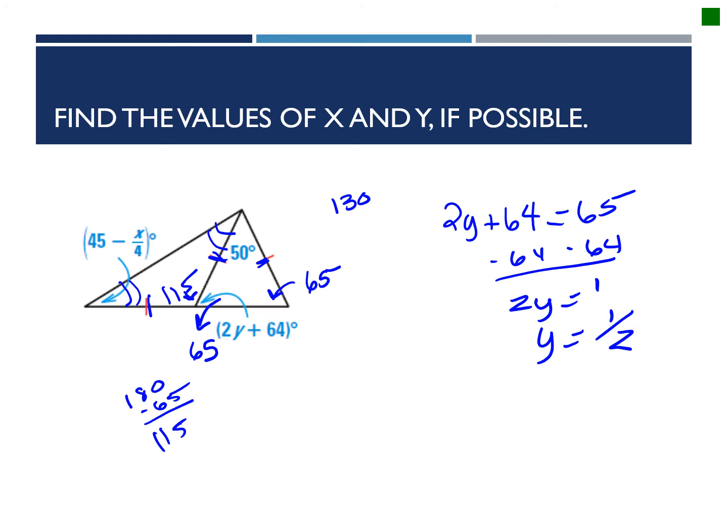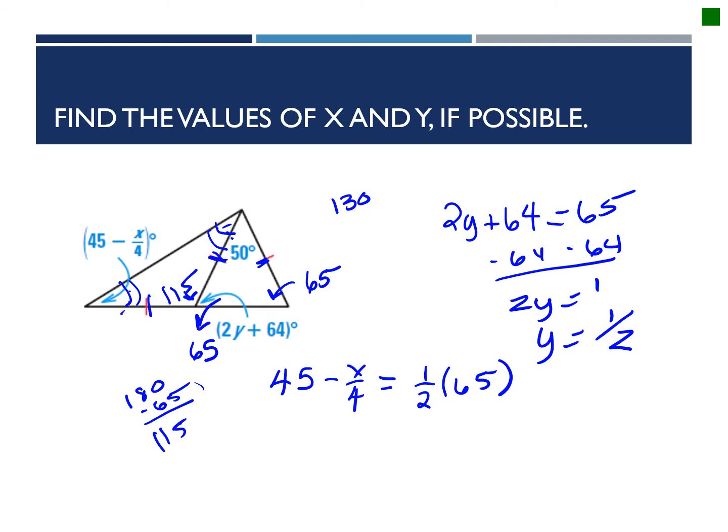So we know that there is 65 degrees left in that triangle. So 45 minus x over 4 is equal to half of 65, because if there's 65 degrees left, each of these angles here are going to be half of 65.